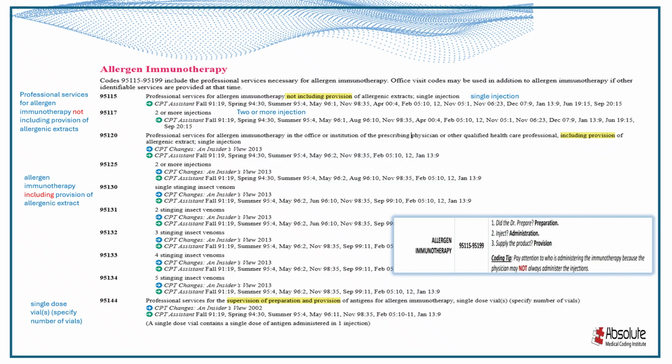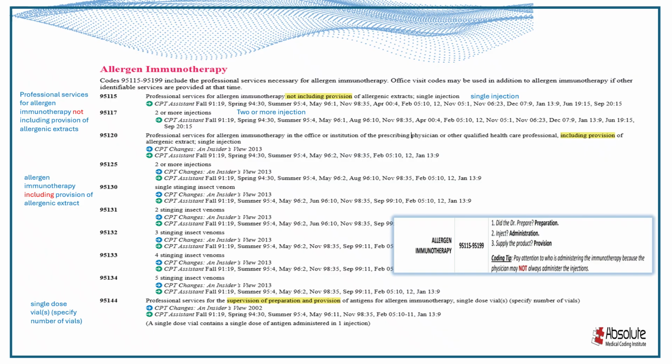The allergen immunotherapy code series ranges from 95115 through 95199. There are three important points to remember here. Number one, the preparation: see who prepared the allergenic extract. Did the doctor prepare or not? Number two, administration: who administered or injected the allergenic extract?